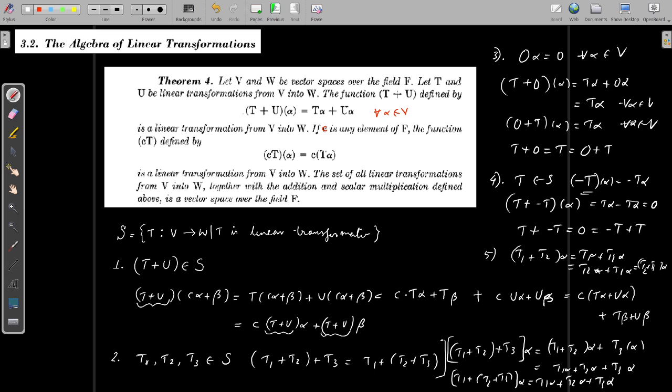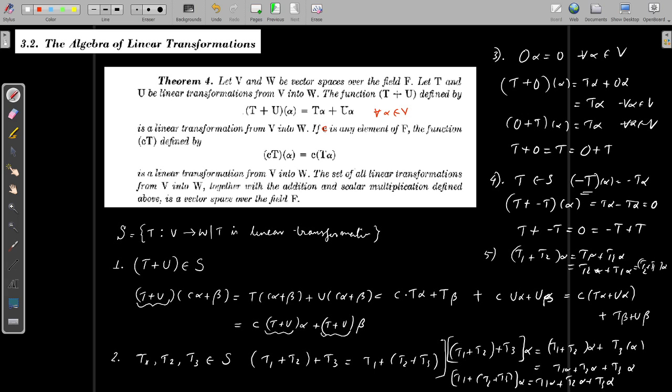This shows that T1 plus T2 is equal to T2 plus T1. So once you prove the closure property of scalar multiplication, these axioms show that this set S along with this vector addition is an abelian group. So this completes the 5 axioms.